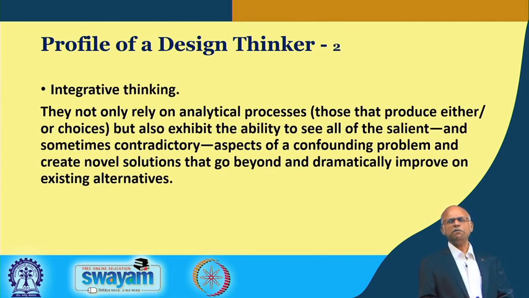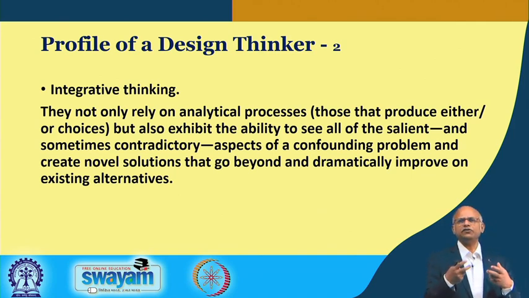Integrative thinking, meaning that they can think from the perspective of all these people. It's the ability to understand contradictory philosophies. Like as I said, we have a tunnel vision.